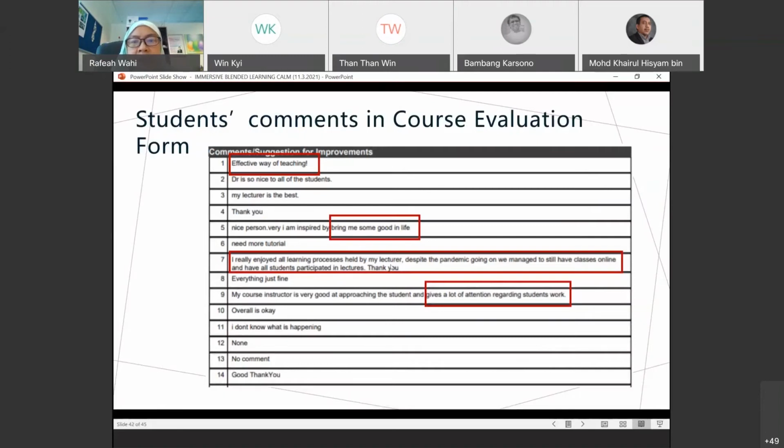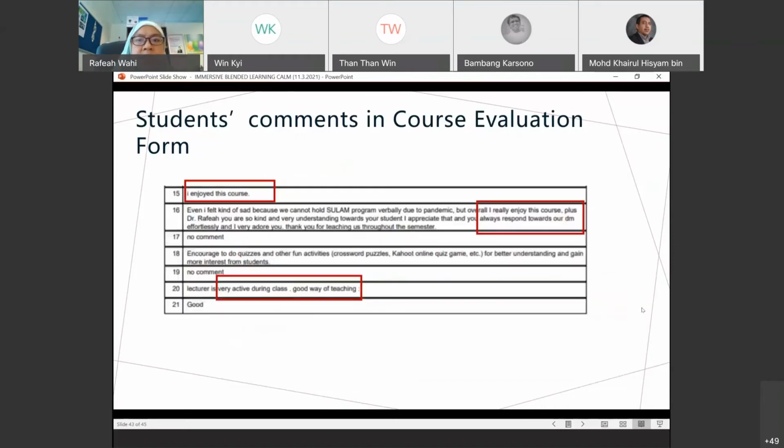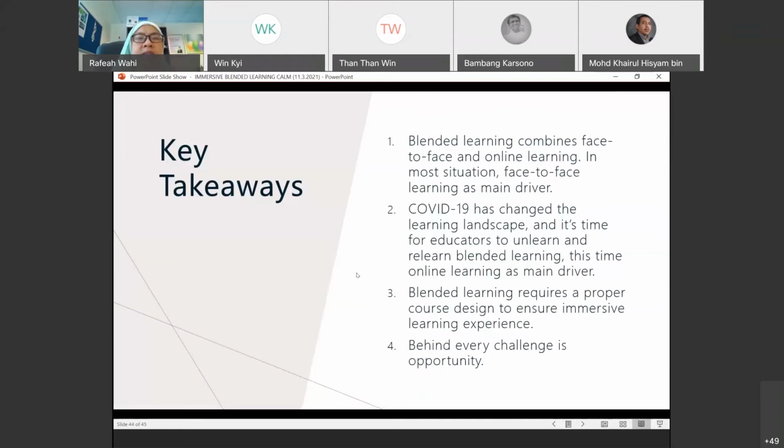Thank you. Gives a lot of attention regarding students' work. This is what I mentioned just now, by giving continuous immediate feedback to the students. I enjoyed this course. Lecturer always responds to our DMs effortlessly. Lecturer is very active during class, good way of teaching. So these are some feedbacks from the students.